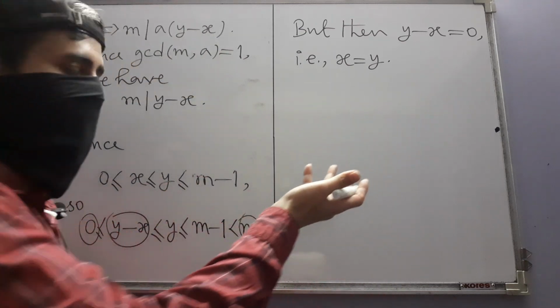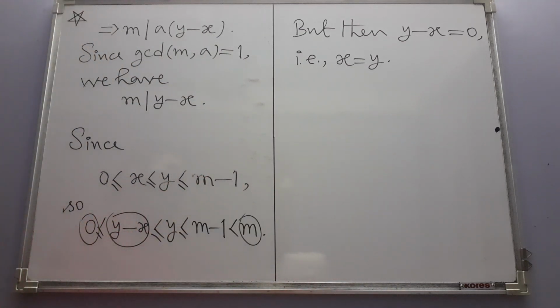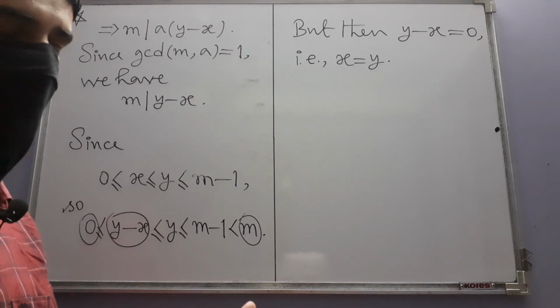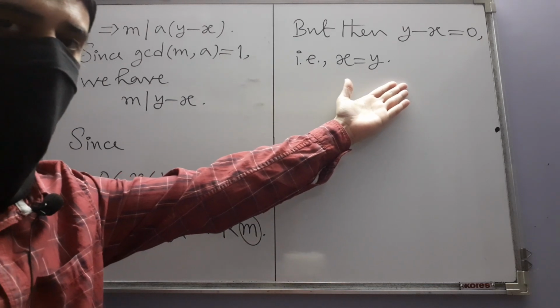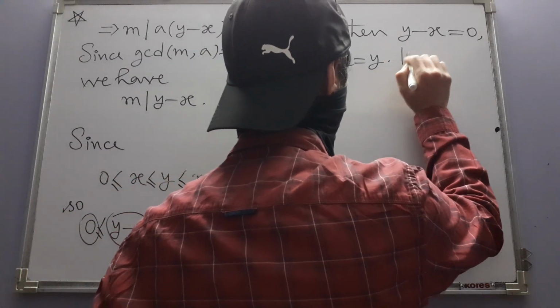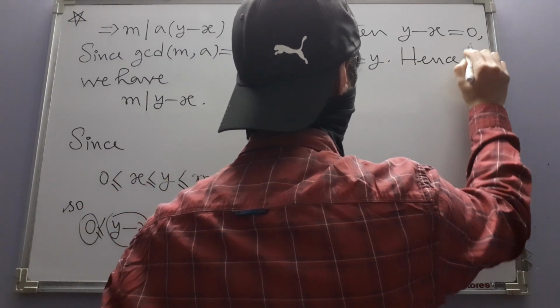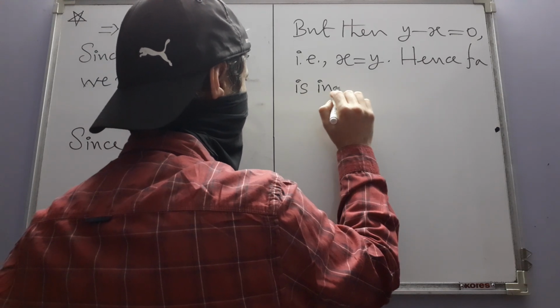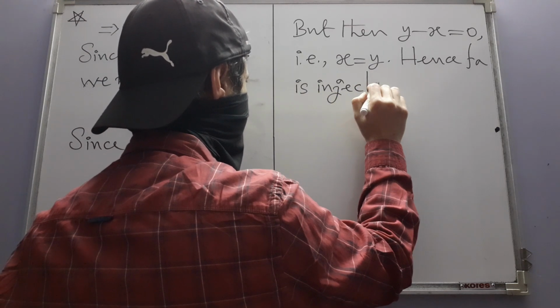This is what we wanted to show, right? We assume that the images of x and y under f_a are equal, the outputs are equal, and now we have successfully shown that the inputs are also equal. Hence, f_a is injective or is an injection.